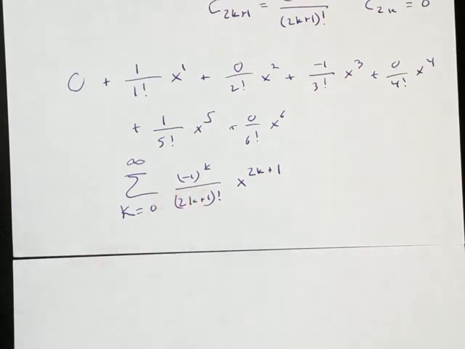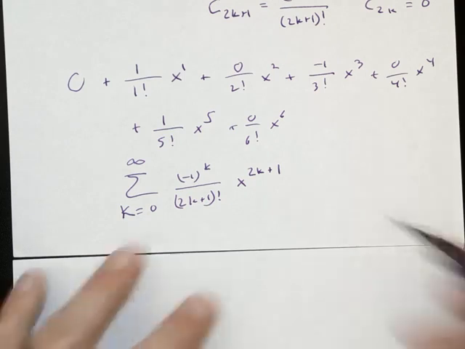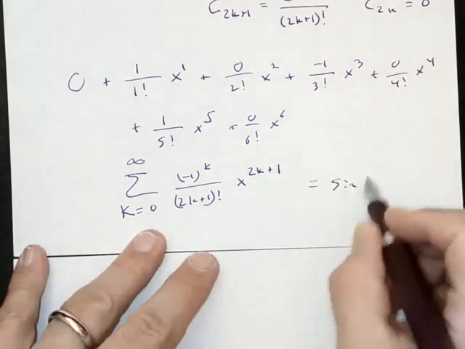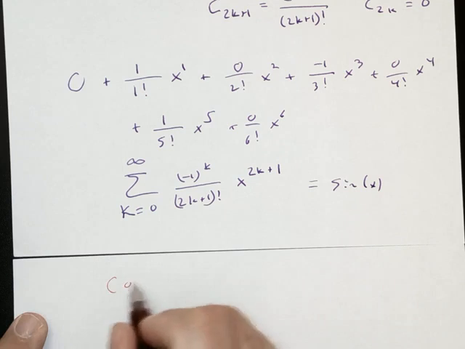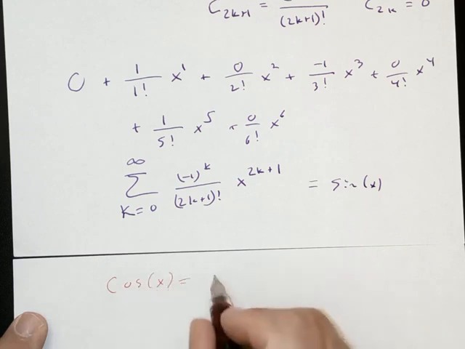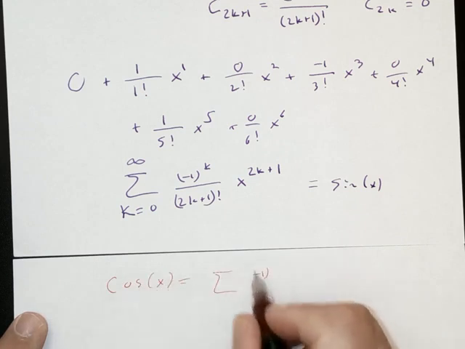Remember, I said that this was the sine of x, right? This is sine of x. And then I just showed you in the book that cosine of x was all of the even bits.